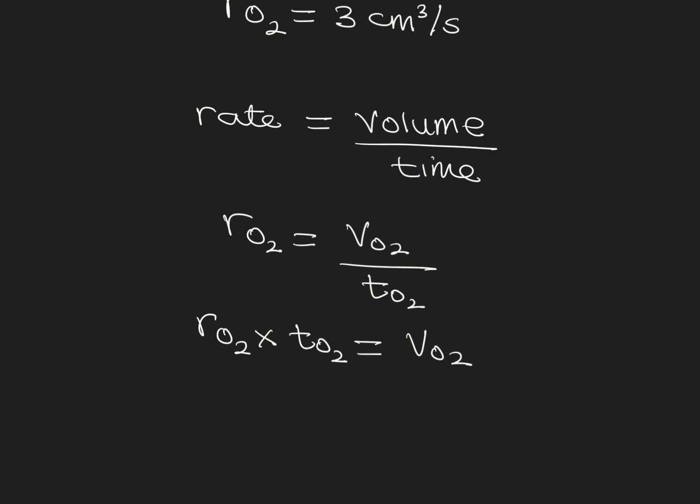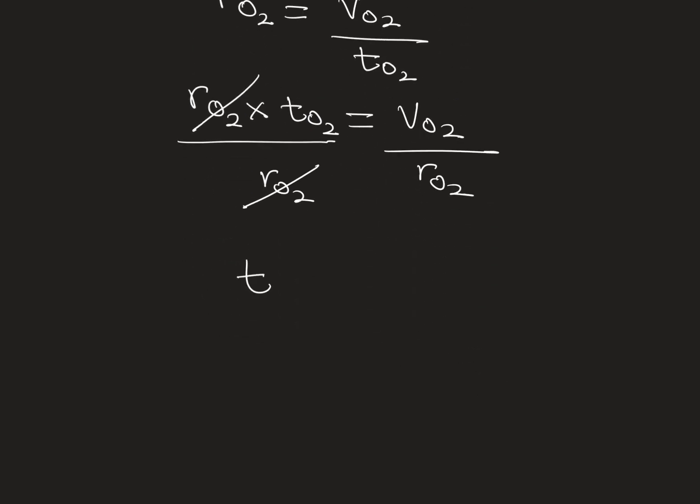So to make T the subject of the formula, I will divide both sides by R of O2. This will cancel this. So the time it takes for oxygen gas to diffuse is equal to the given volume of the oxygen gas divided by the rate of diffusion of oxygen gas.